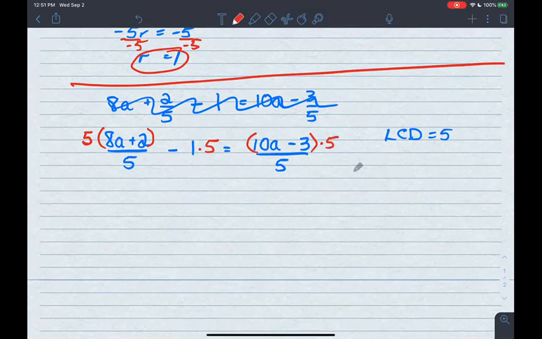This is probably the way I would do this more often. It saves me a line, and it puts the 5 directly in each of my fractions, so I'm not going to forget. I notice that these 5s cancel, and these 5s cancel. And so nicely, I'm up to 8a plus 2 minus 5 equals 10a minus 3.